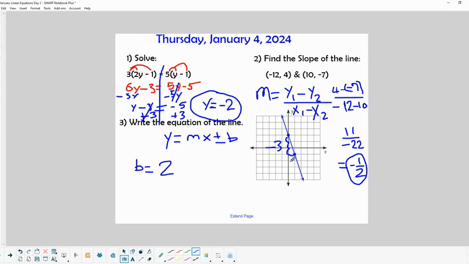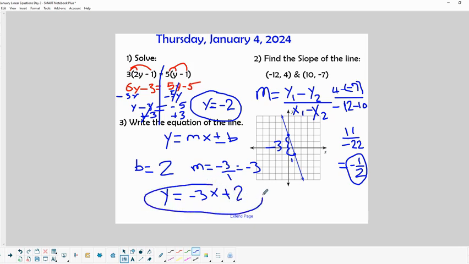And then we have a run of 1. So the slope is just negative 3 over 1, or just negative 3. So then we write our equation. Y equals negative 3x plus 2. And that would be the equation of that line that has been graphed right there.